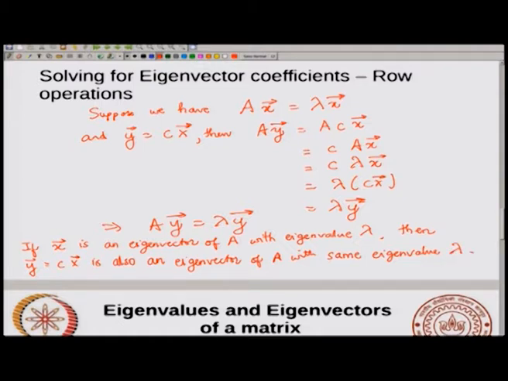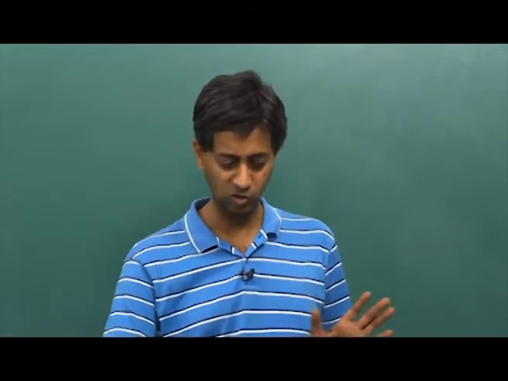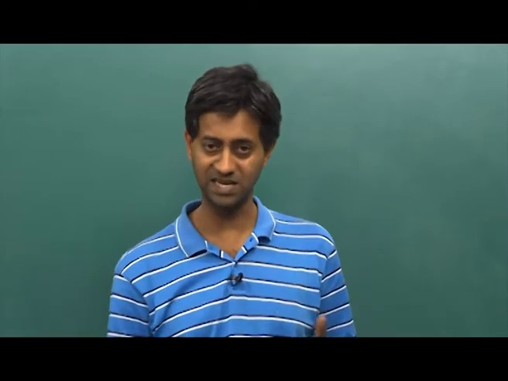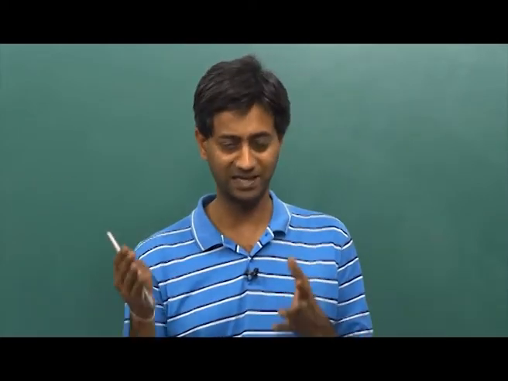So that means if you have an eigenvector, you can just multiply it by a constant and you will get another eigenvector with the same eigenvalue. And that is why we say that eigenvectors cannot be determined uniquely by this procedure. Eigenvectors are not unique. You can take any eigenvector, multiply it by a scalar, and you will get another eigenvector with the same eigenvalue.